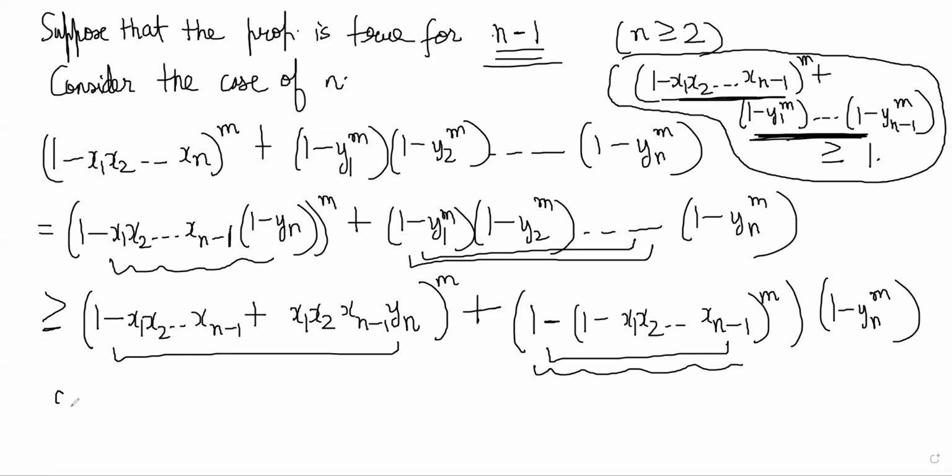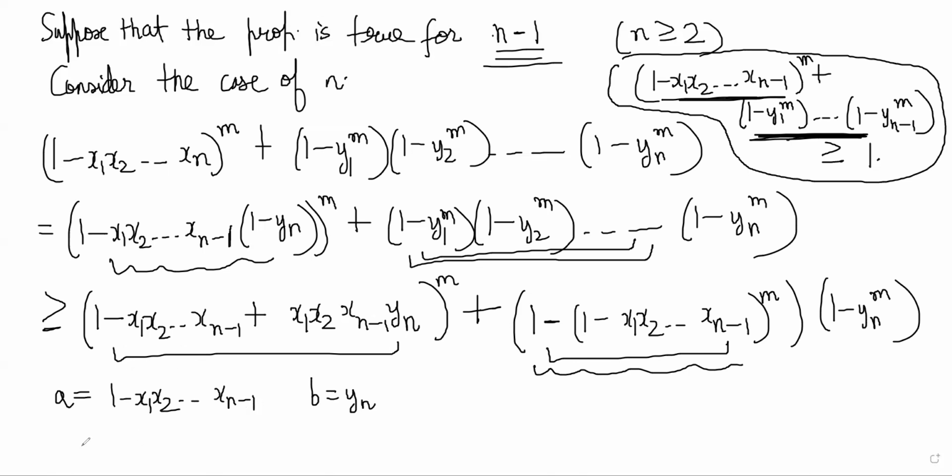So now we'll say let A be equal to 1 minus x1x2...x(n-1). And let B be equal to yn, right? This is just to simplify and make it look easier. So what is this expression?